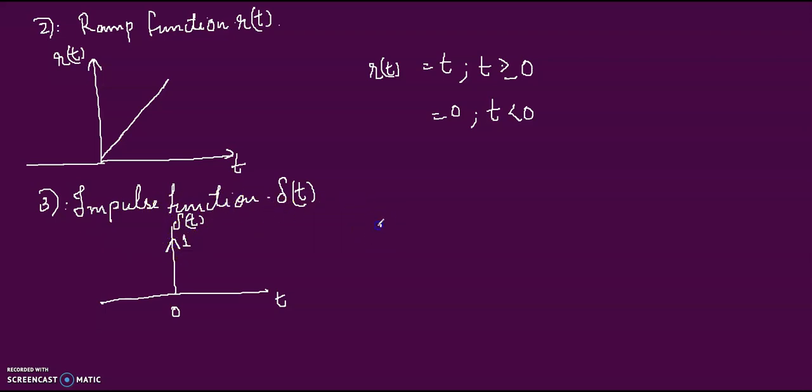Here, for unit impulse function, we can write del of t is equal to 1 for t is equal to 0 and is equal to 0 for t not equal to 0. That is, it has value only at t is equal to 0, and at all other values of t, the value of del of t is 0.